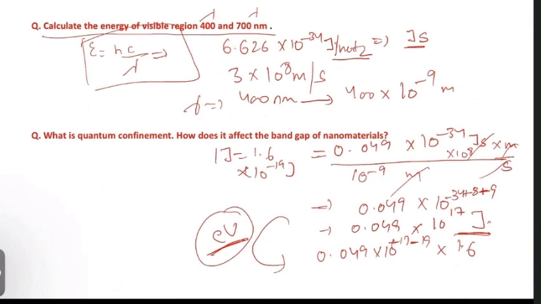What is the value? It is 0.0084 electron volt. Okay.